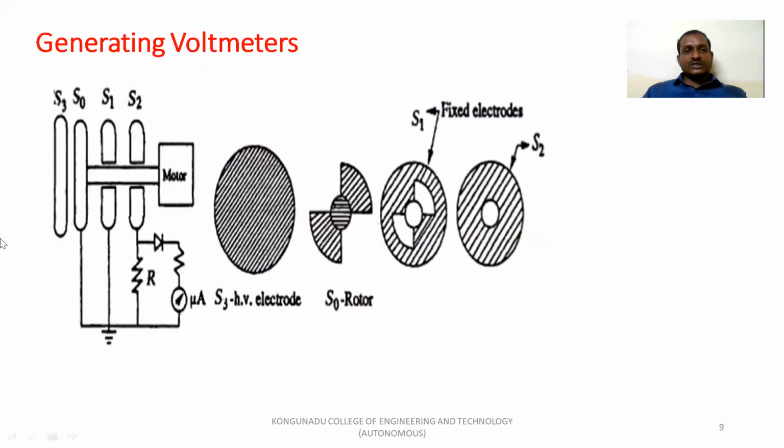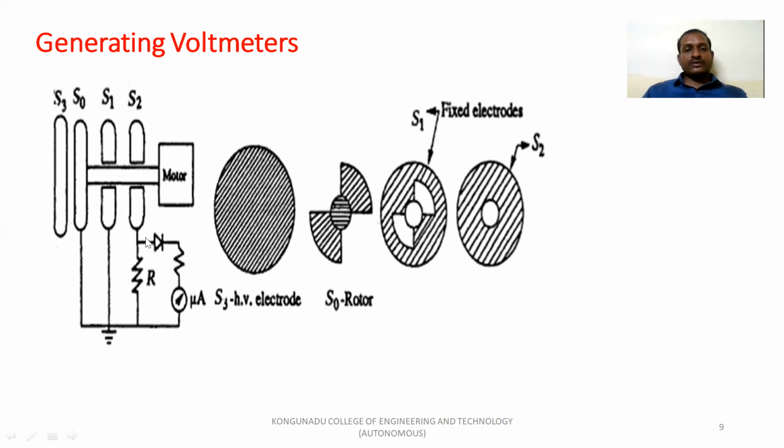Here two fixed field electrodes are there, one rotating rotor is available, and one high voltage electrode is available. If you connect the high voltage to S3, the capacitance will vary between S3 and S2. The capacitance variations will be in sinusoidal form.